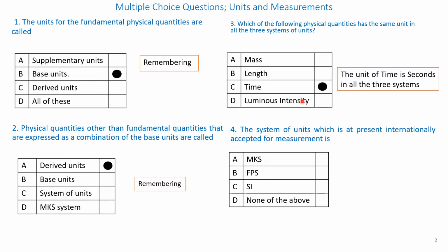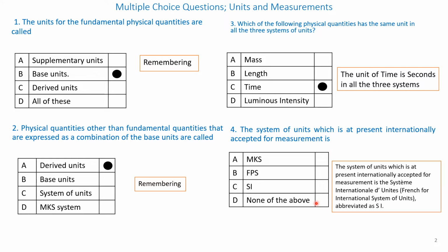Next question. The system of units which is at present internationally accepted for measurement is option A, MKS system, option B, FPS system, option C, SI system, option D, none of the above. So you have to identify the system of units which is at present internationally accepted.